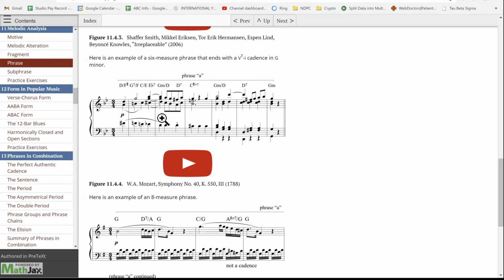You could say that that's a phrase, and you would not be incorrect. If you did that, you might say phrase A and phrase A prime or B, right? It starts very similar, but it's not exactly the same. Or you could say subphrase A, subphrase B, or subphrase B A prime.